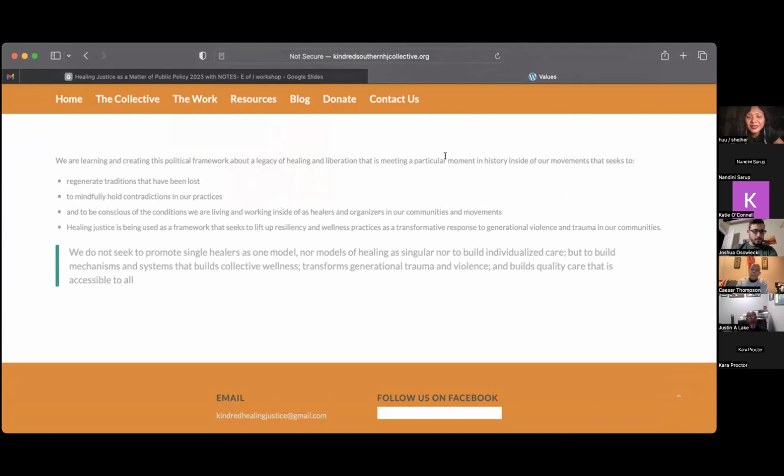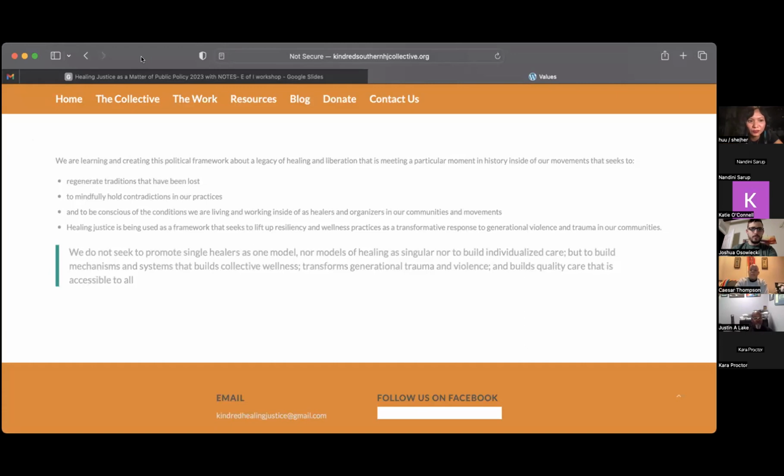I can read it. This is the chiropractor. I'm in Peoria. So it says, we are learning and creating this political framework about a legacy of healing and liberation that is meeting a particular moment in history inside of our movements that seeks to regenerate traditions that have been lost, to mindfully hold contradictions in our practices, and to be conscious of the conditions we are living and working inside of as healers and organizers in our communities and movements.